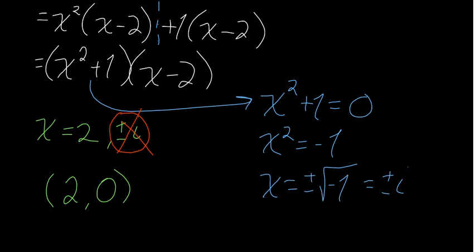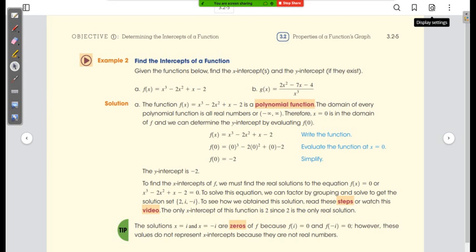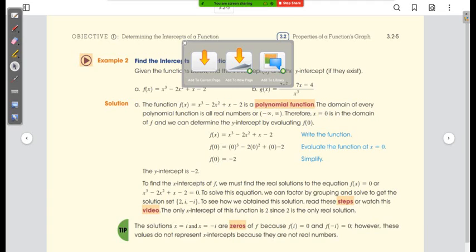Okay, let's do B. Hope it's not as bad as it looks. So again, the y-intercept is super easy to find, because all I basically have to do is plug in 0.